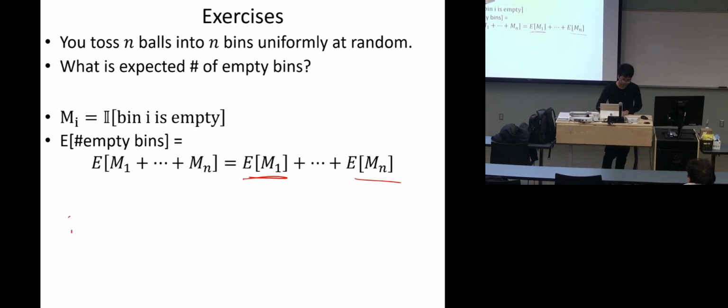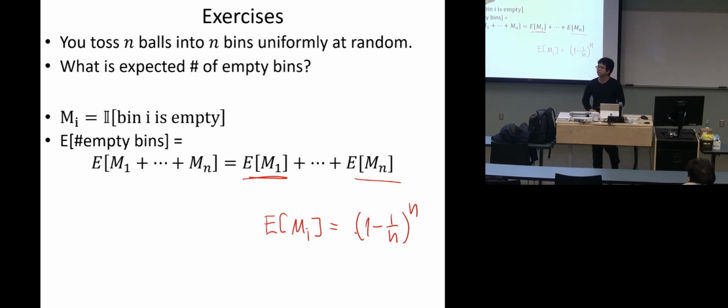And what is the expectation of each Mi? Anyone? One minus 1 over n, all to the n. Yeah. Why is that? Because when you throw each ball, it lands in a bin besides bin i with probability (n minus 1) over n.